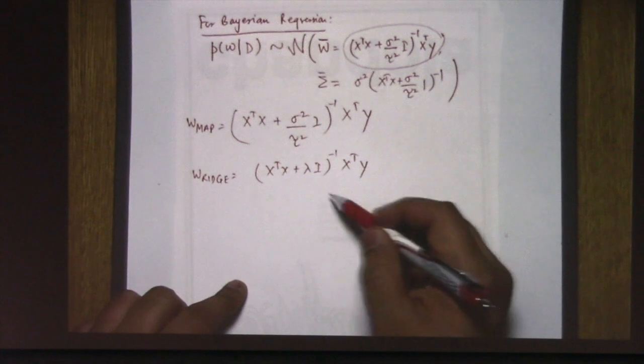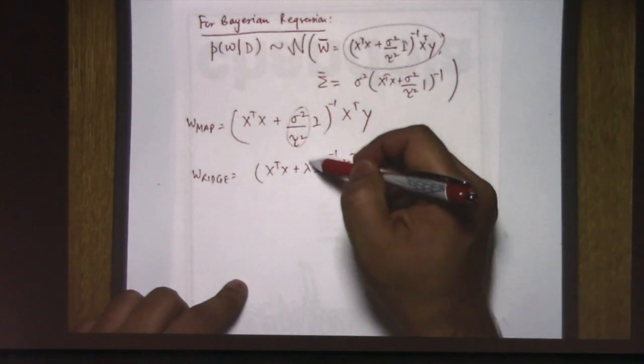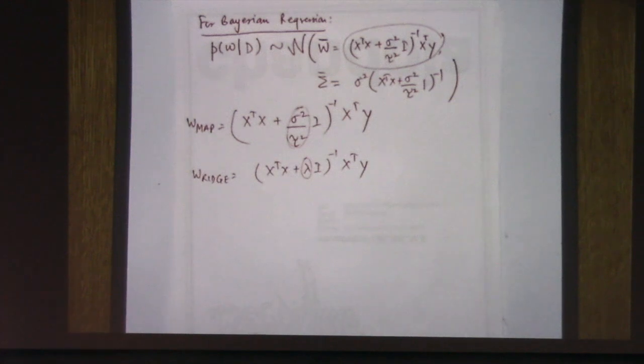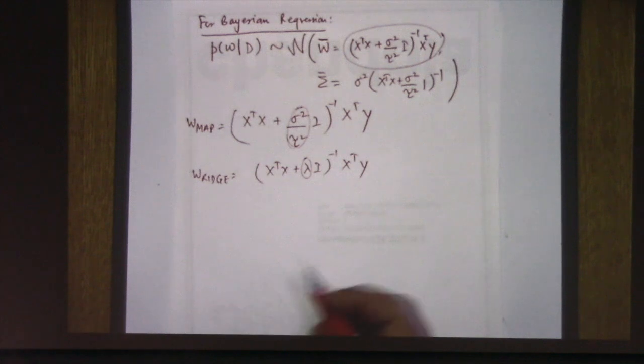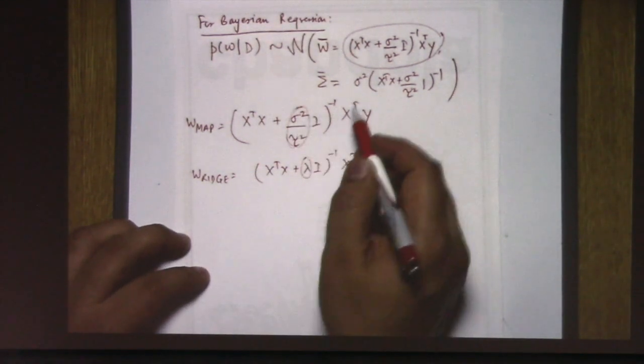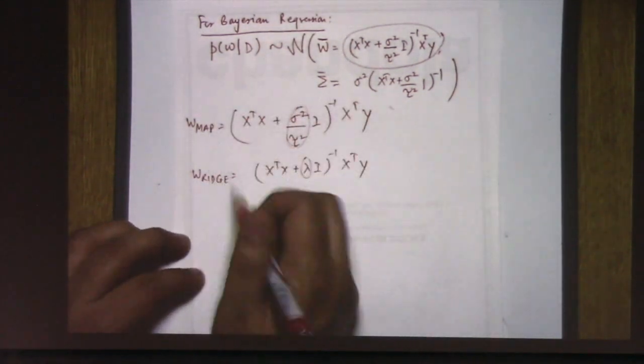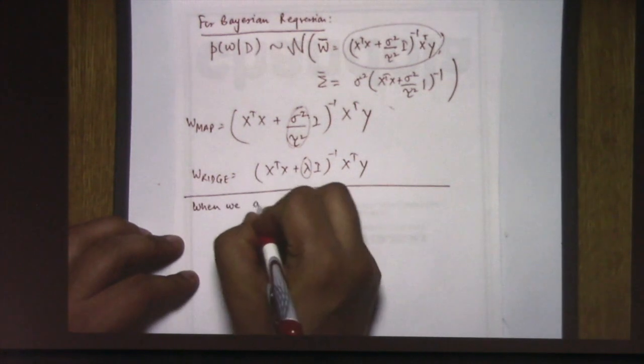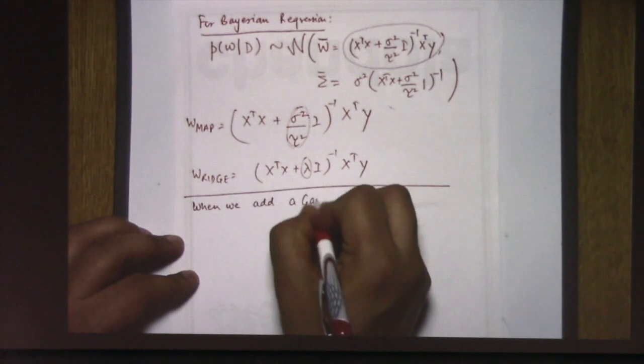The only thing is that instead of this quantity, we have this quantity. So the point here is that ridge regression and Bayesian regression with a Gaussian prior have the same effect. If you think about it, the reason that is happening is because when we add a Gaussian prior to W, right?